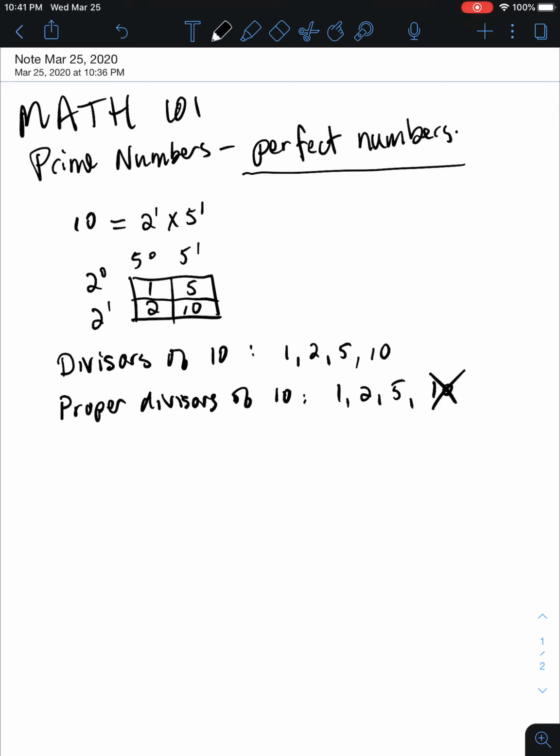We just remove the number itself from the list of its divisors. So the proper divisors of 10 are just 1, 2, and 5. And now what we're going to do is add up those proper divisors. 1 plus 2 plus 5 is equal to 8. And that is the sum of the proper divisors of 10.